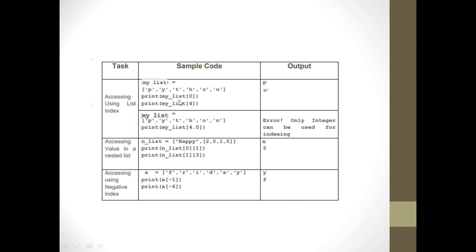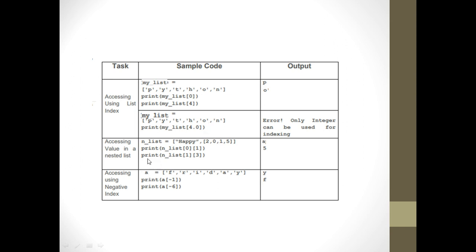So if I say my list of, that is within square brackets 0, it prints P. If I say my list of 4, it prints 0, 1, 2, 3, 4. It prints O. I cannot say any other data type for an index. An index will be always an integer. So here my list of 4.0 will give an error.